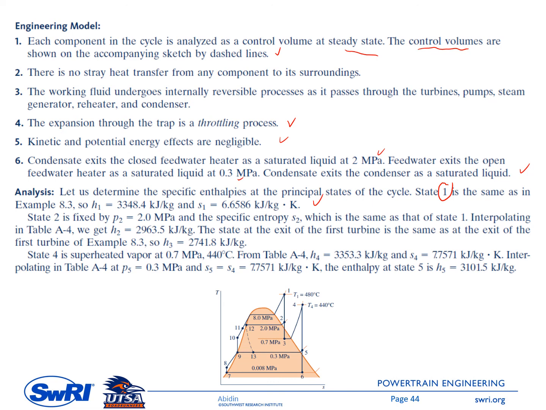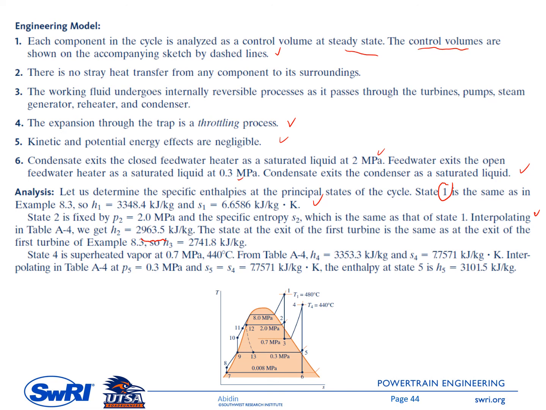Then going to state number 2, pressure is given, and S2 equals S1. You need to do an interpolation here to get the enthalpy at state number 2, and you will get 2963.5 kilojoule per kilogram.